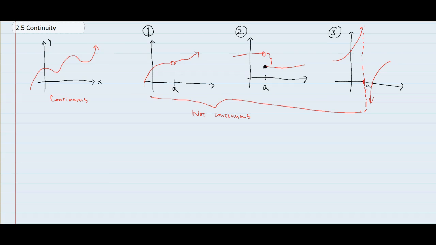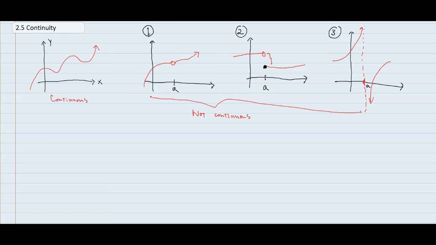So limiting value going from the left and going from the right, there's no unique value that the function is approaching, so the limit doesn't exist. So number 2 definitely fails to hold condition number 2.